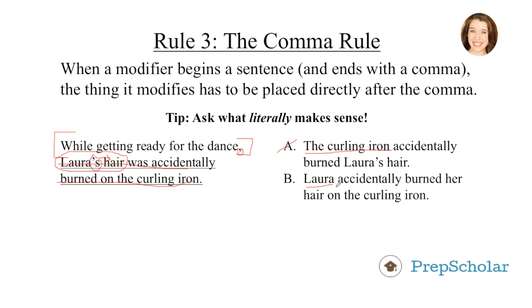This is the clearest way to set up the modifier in this sentence because it places our modifier right next to the thing that it modifies. It follows our comma rule, and honestly, it follows all of the rules that we've been talking about so far: keeping our modifiers close, keeping them clear, and making sure when we run into this very specific comma situation that the thing modified is placed directly after the modifying phrase.